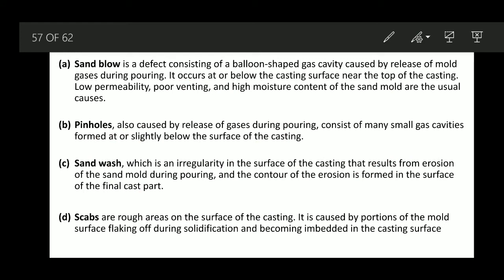So the first casting defect in sand casting is sand blow. It is a defect consisting of a balloon shaped gas cavity caused by the release of mold gases during pouring.